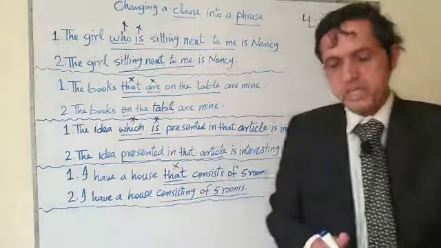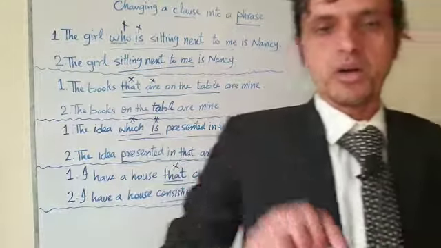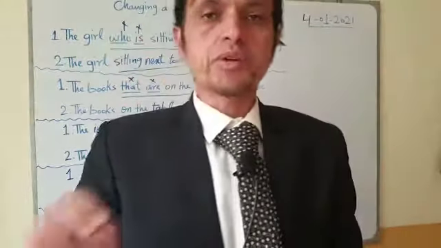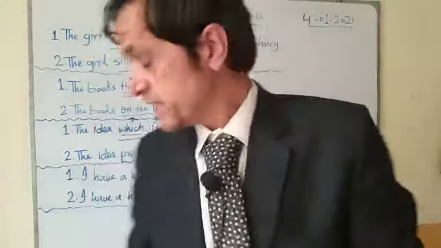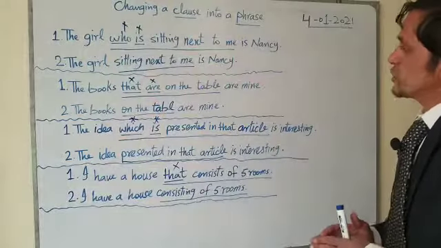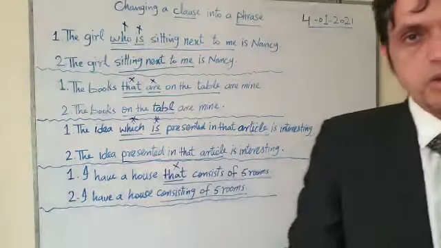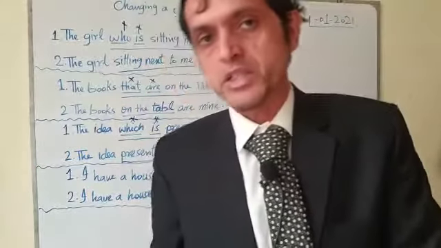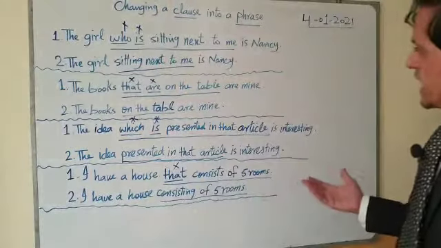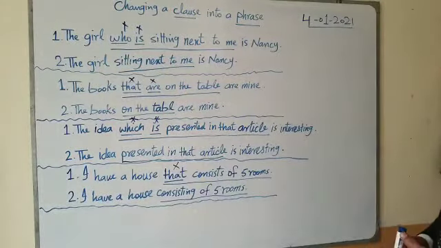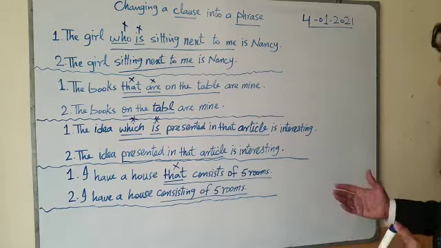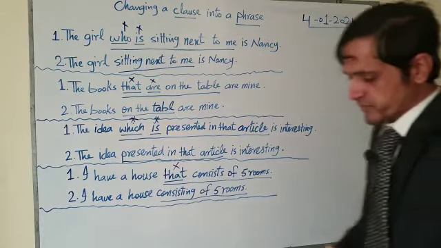In this way, you can change or reduce a clause into a phrase, and you can change an adjective clause into an adjective phrase. They are the same, there isn't any difference. So I think there isn't any ambiguity and everything is clear.